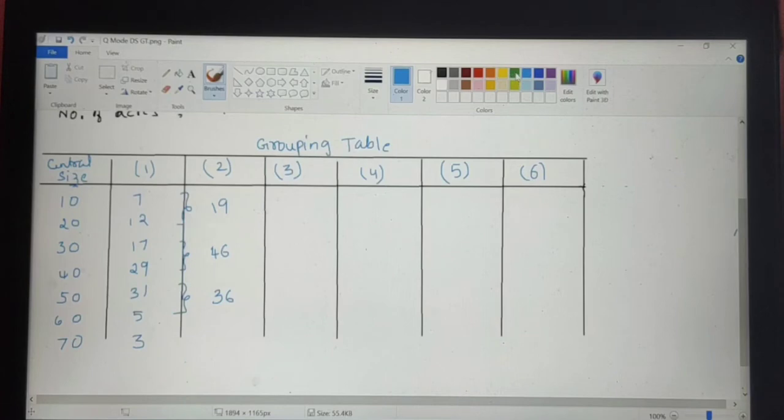Here I will be doing 12 plus 17, 29 plus 31 and 5 plus 3. So 12 plus 17 is 29, 29 plus 31 is 60 and 5 plus 3 is 8.